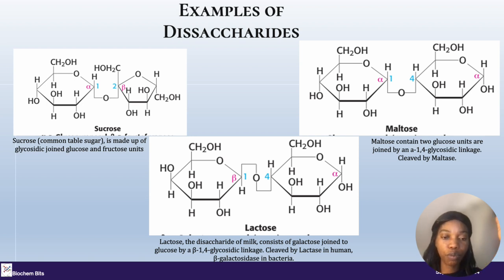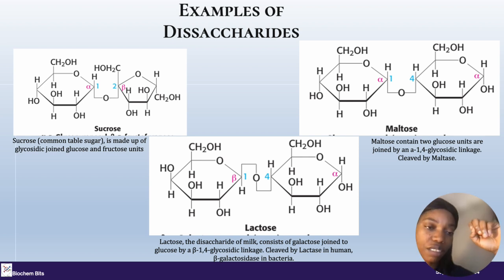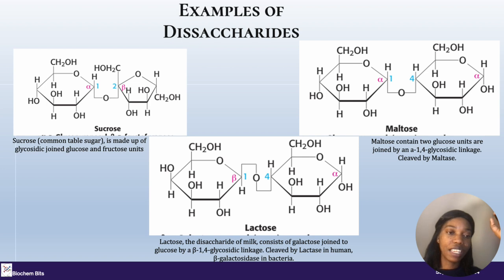When we take milk, the lactose in our milk is broken down by lactase, and in bacteria it is broken down by alpha galactosidase. For sucrose we have sucrase breaking it down, and for maltose we have maltase cleaving it during the process of digestion.